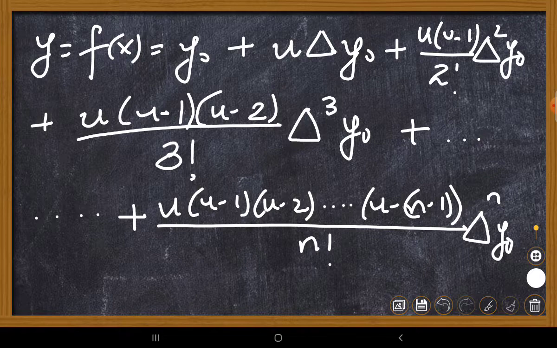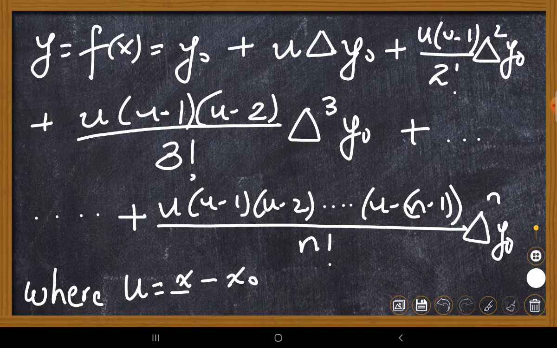In this formula, u is equal to (x minus x0) divided by h, where x is the period of interpolation, x0 is the first argument, and h is the interval of differencing.